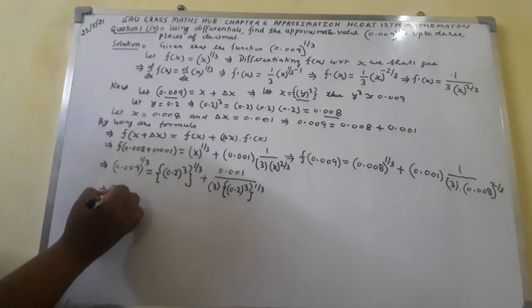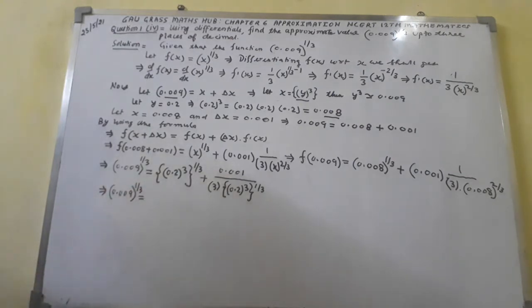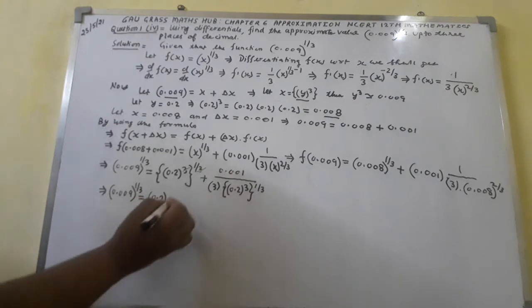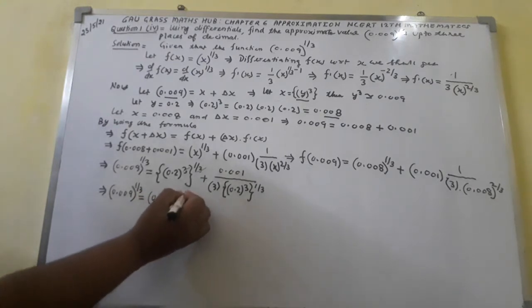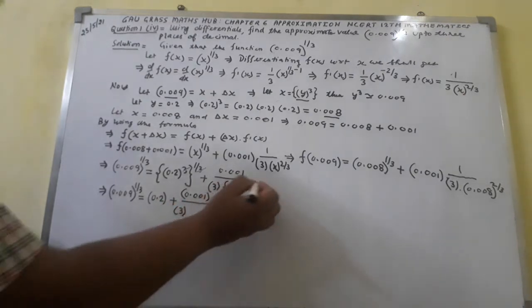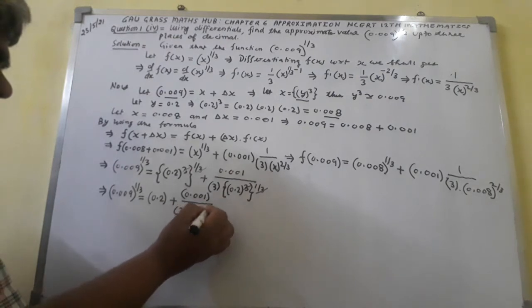Here again I shall write 0.009 raised to power 1/3 equal to. These three will be cancelled out. Here you will get 0.2 plus 0.001 whole over 3, and here these three will be cancelled out. Here we will get only 0.2.